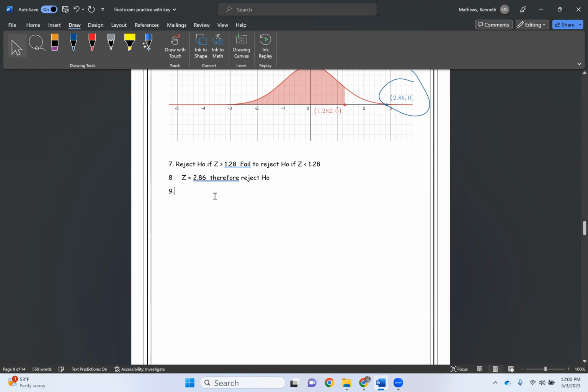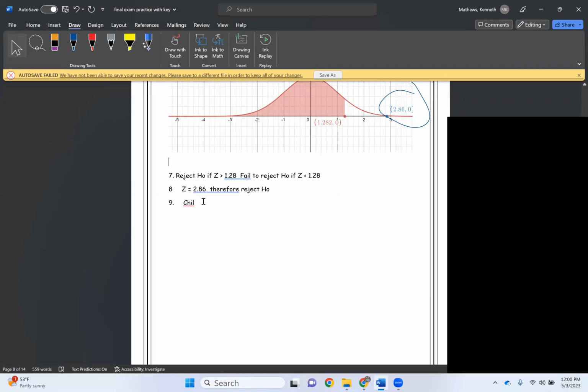Oh my God. What am I going to do? Auto save. Let's get rid of that. I don't know what's going on here.